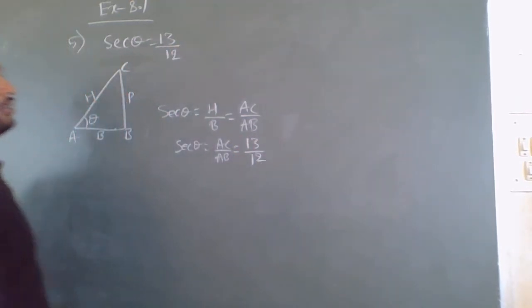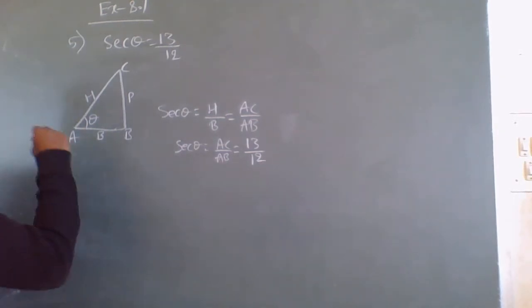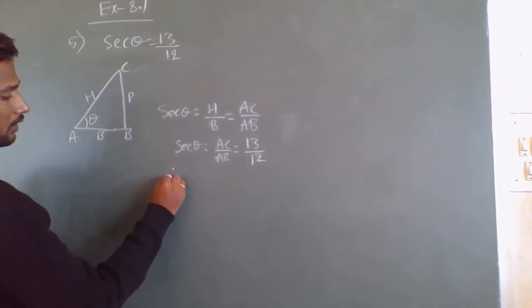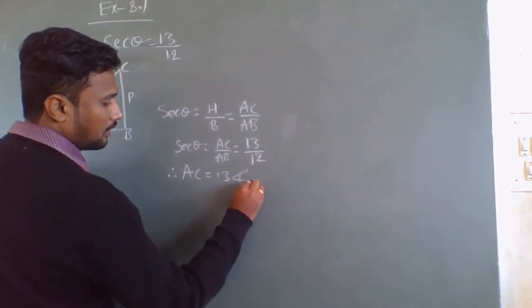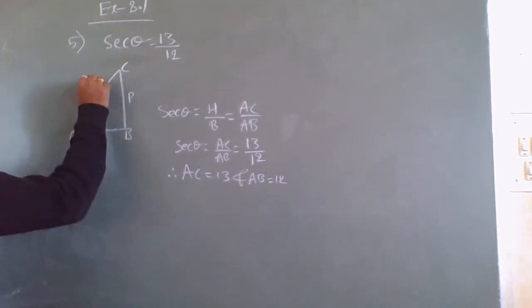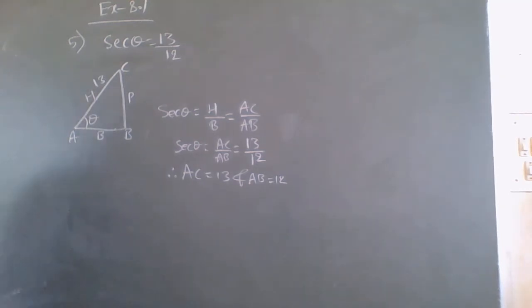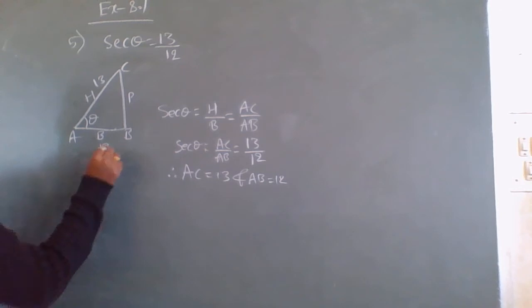Therefore we can consider the length of AC as 13 centimeter and the length of AB as 12 centimeter. Here the length of the hypotenuse is 13 and the length of the base is 12.